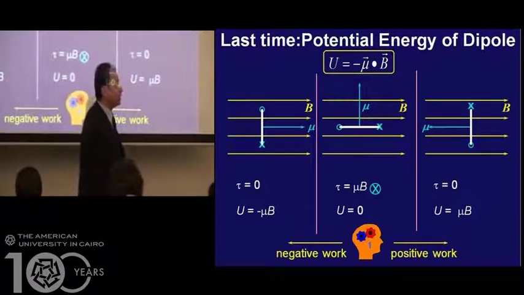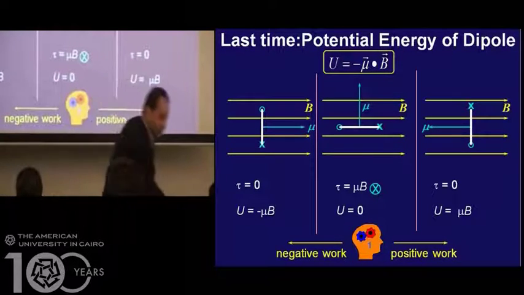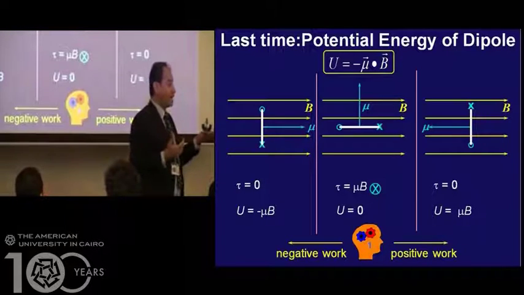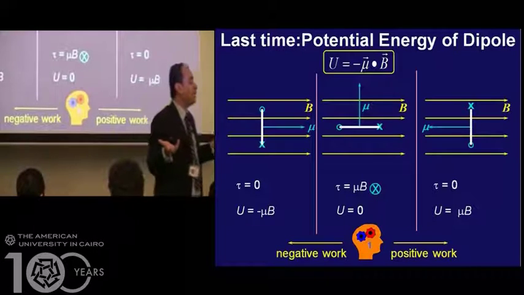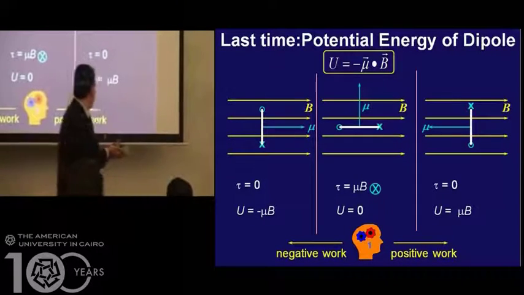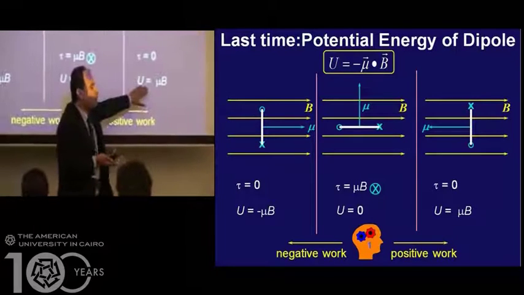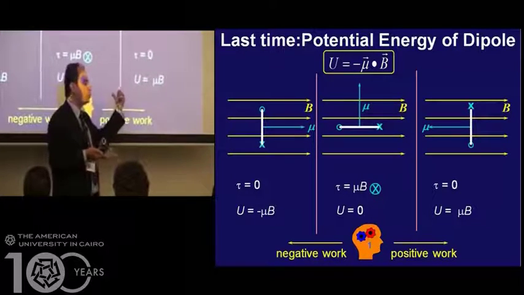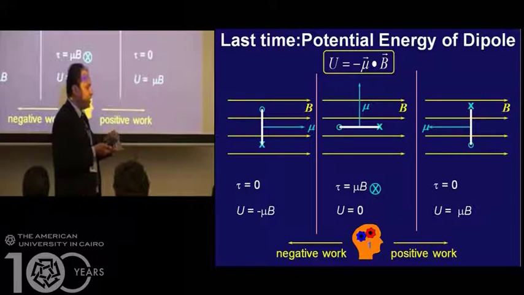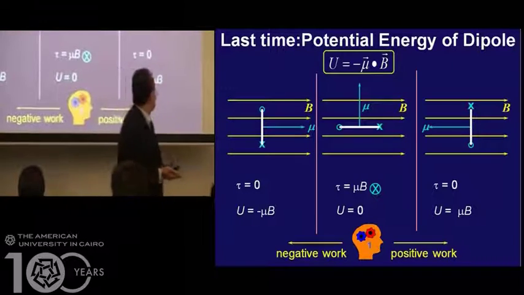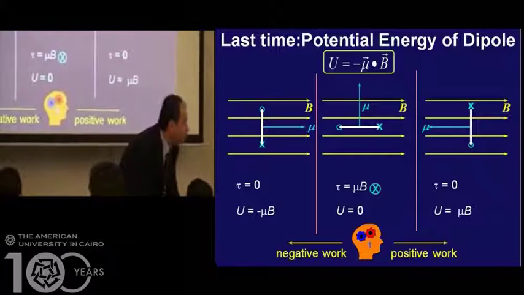But once that rotates, that means there is a kinetic energy. Where did that kinetic energy come from? It must come from some other source of energy, and that's the stored potential energy in the magnetic field, and that stored potential energy is negative mu dot B.